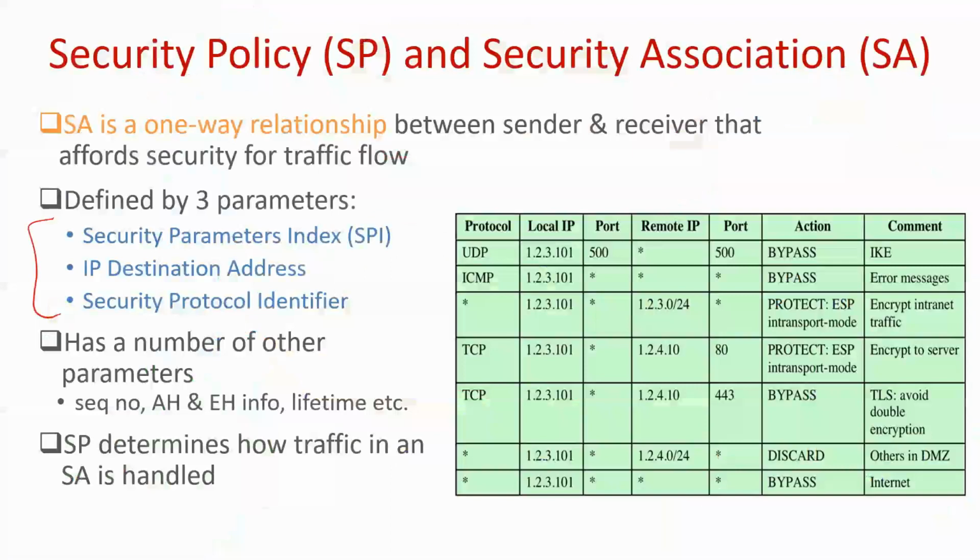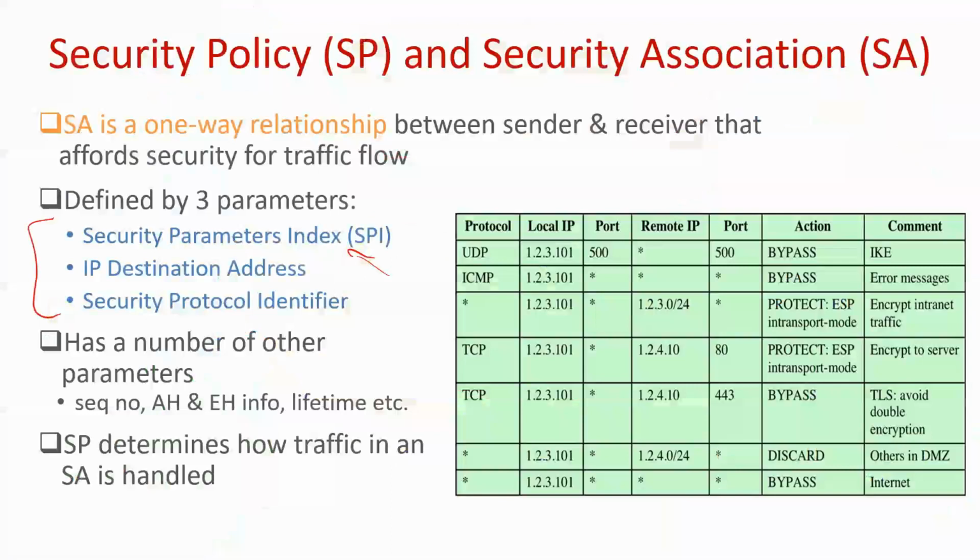You are actually saying this is a one-way relationship between me and this device. Then you have a security protocol identifier. It basically identifies the version of IP security protocol, and the security parameters index is an identifier of this security association. Okay. As we said, a security association will support either authentication header or ESP, but not both.